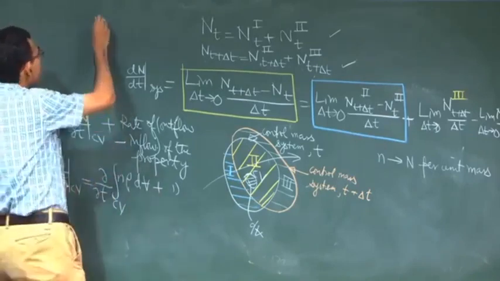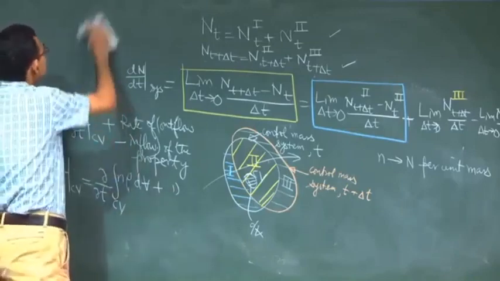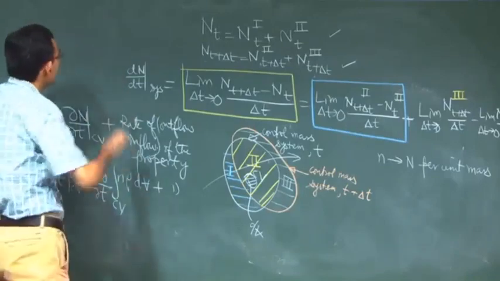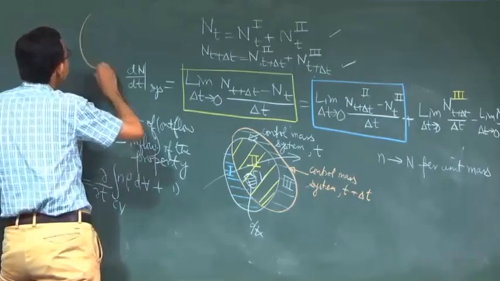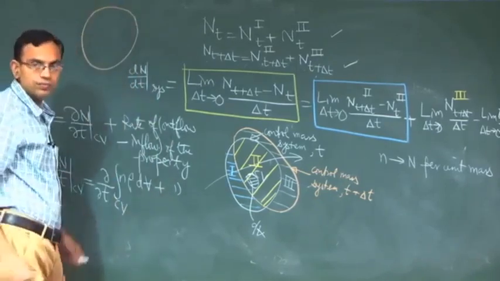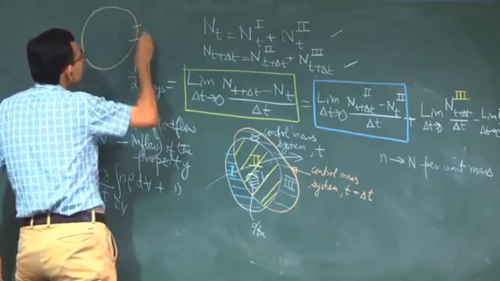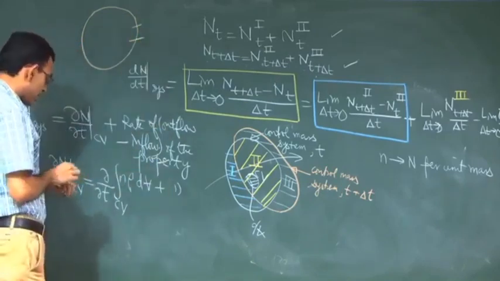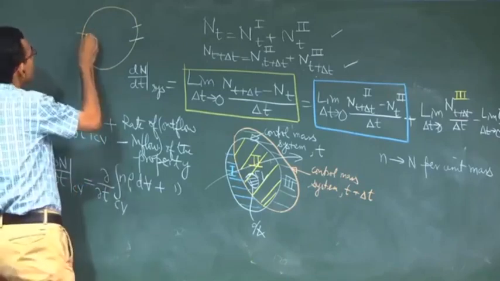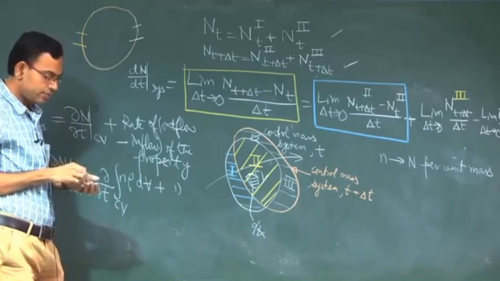Let us say that there is a control volume. This is an outflow boundary and this is an inflow boundary, just as an example.